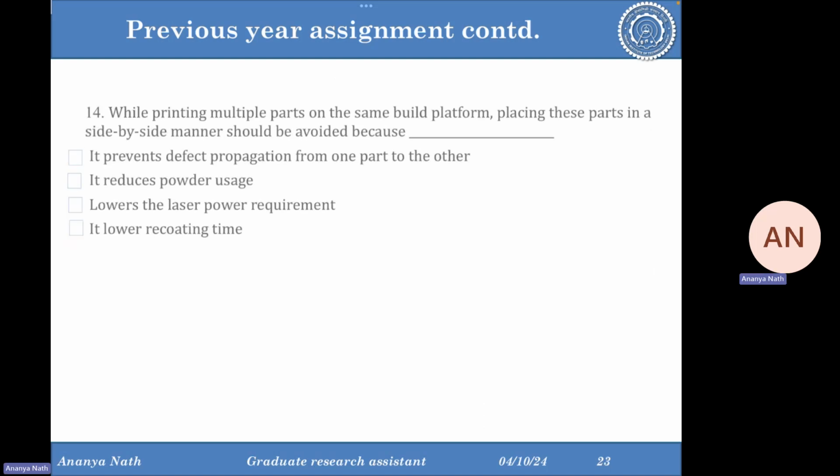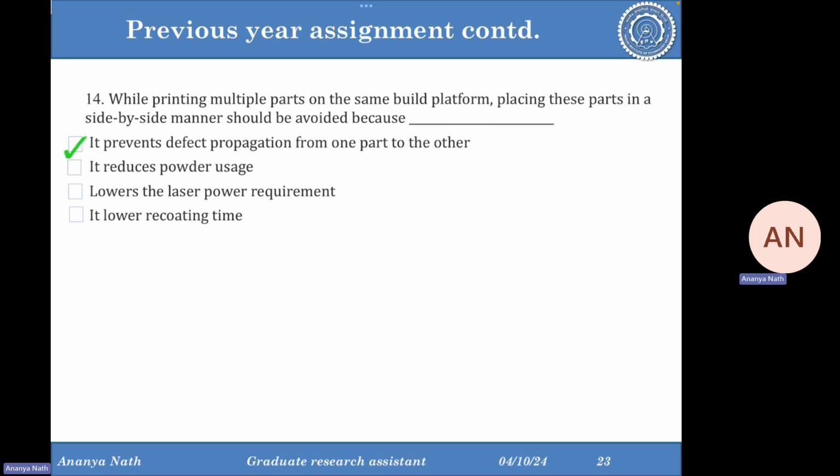While printing multiple parts on the same build platform, placing these parts in a side by side manner should be avoided, to prevent the defect propagation from one part to another. So, if this is your build platform, we also obey this rule while printing.